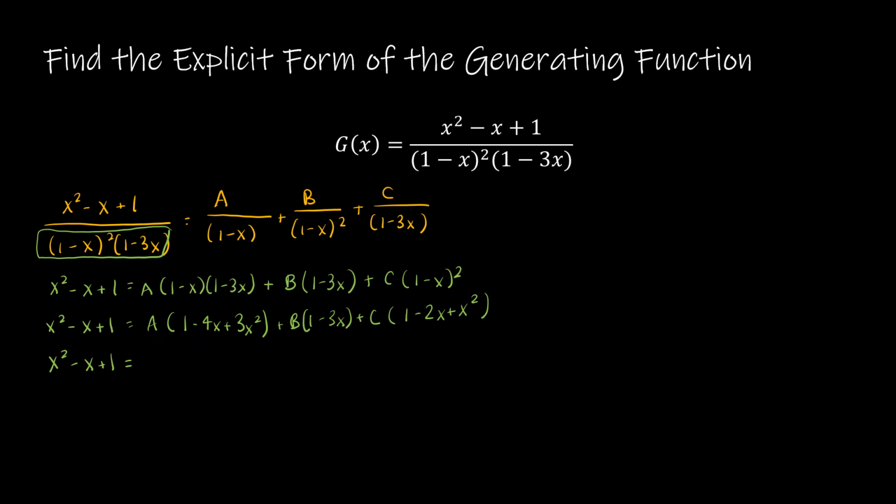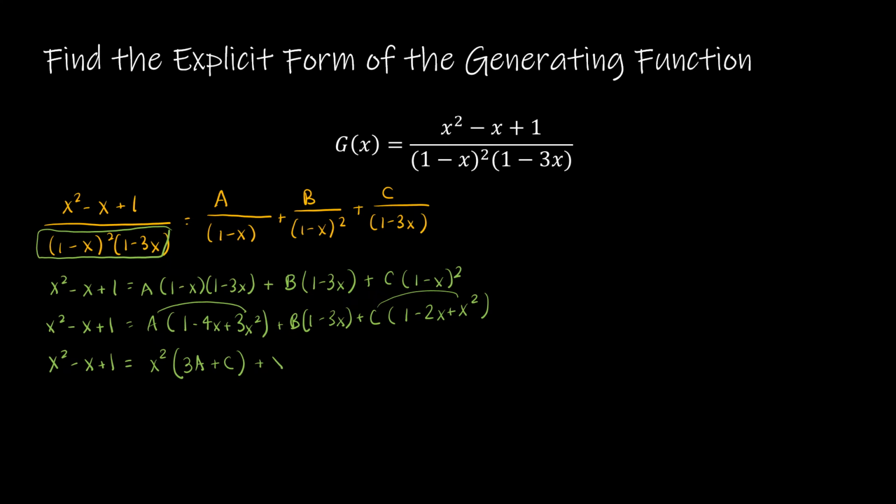So all of the x squared values, which would be x squared, and that's going to be 3A. And then do I have a Bx squared? No, I don't, but I have a Cx squared. So I'm skipping a little bit of work, but I'm trying to explain it as I go.